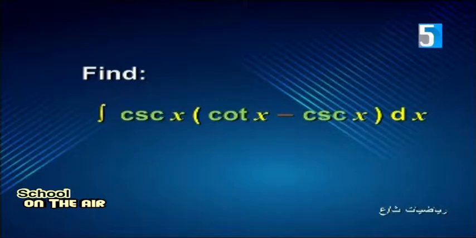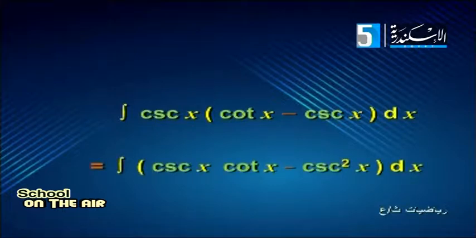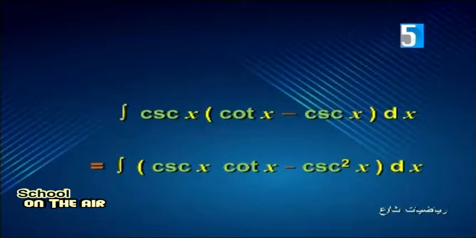Another example. Find integration cosec x multiply between two brackets cotan x minus cosec x dx. Integration cosec x multiply cotan x minus cosec x dx equals integration cosec x times cotan x minus cosec x times cosec x, which equals cosec power 2x dx.